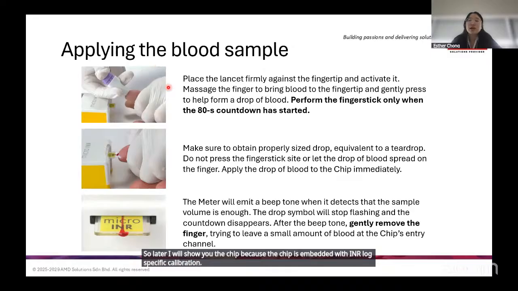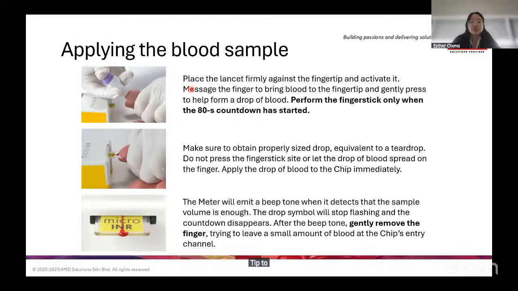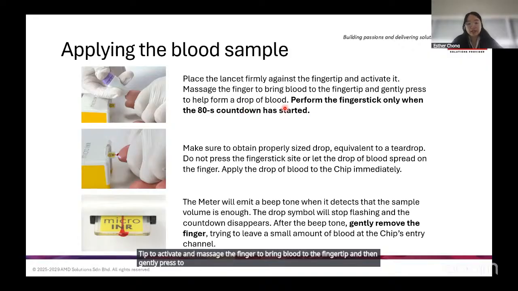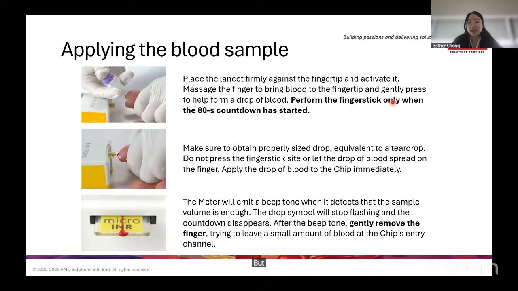So how to use the micro INR system is that first you place a lancet firmly against the fingertip to activate and massage the finger to bring blood to the fingertip, and then gently press to help form a drop of blood. But you need to perform the finger stick when the meter starts the 80-second countdown.